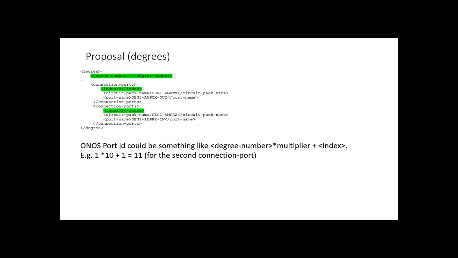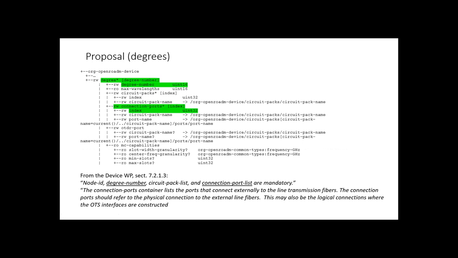Then, okay, here is how the data store may appear. Degree number is a unique identifier. Sorry, I go back to the previous slide, because degree number and index are the keys for those lists, so they have to be unique.